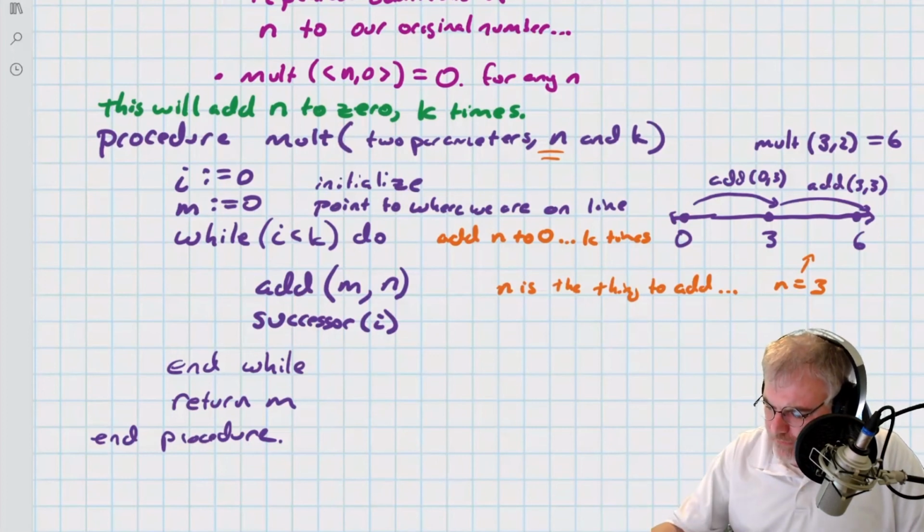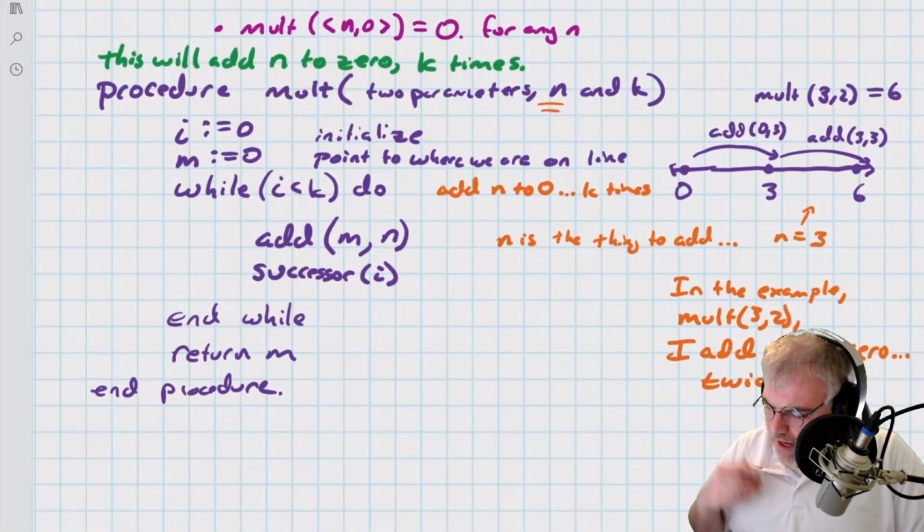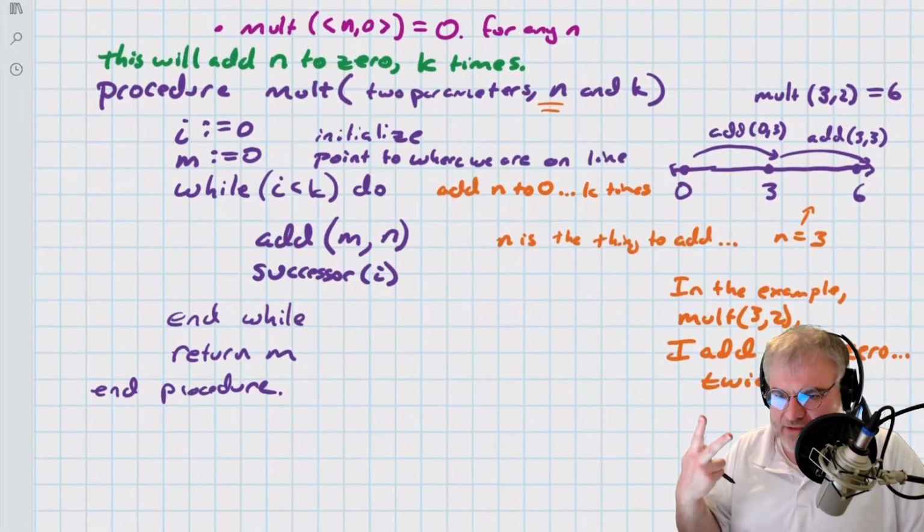So in our example, mult 3, 2, I'm adding 3 to 0 twice.